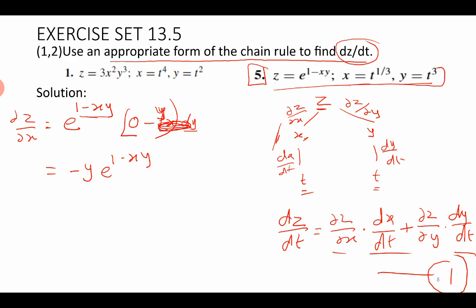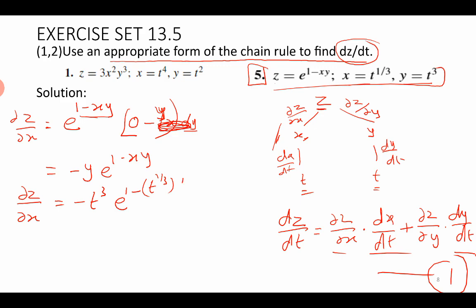And we have to substitute the values of x and y in this equation. Then the term will be complete. So what is dou z by dou x? When you substitute the values, y is t cube and x is t raised to 1 by 3.